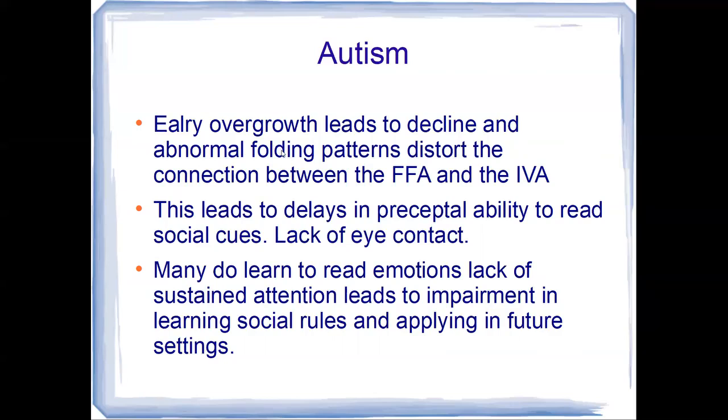And then later on, just because you develop the ability to recognize an emotion, you still have to learn those social rules, and it very much comes from attending to faces, to paying attention to social things consistently for a long period of time throughout that interaction. And so that breakdown and that disconnect between these two areas, I believe, is how we get the social delays that you see in autism.